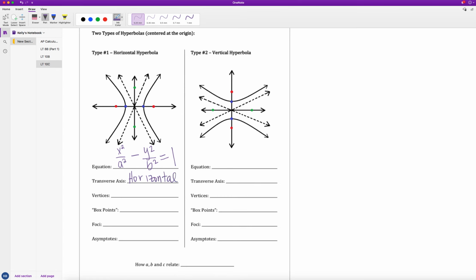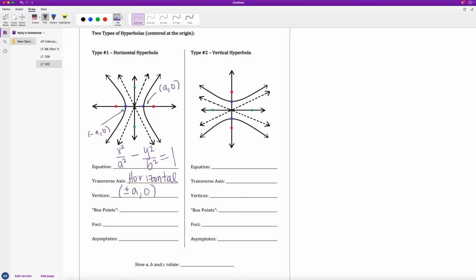My vertices have to do with the term that is positive. Because they deal with this x squared piece, they are my a values, and they're going to be x-intercepts. They're at plus or minus a, comma 0, and they are the blue points on those graphs. I have a, 0 on the right, and negative a, 0 on the left.